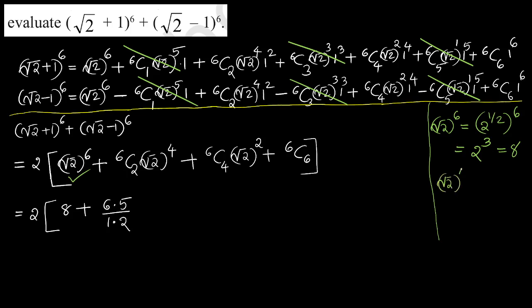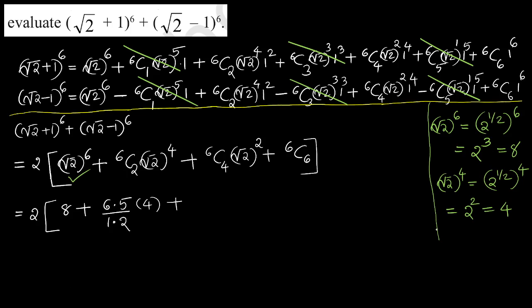Root 2 raised to 4 is, root 2 is 2 raised to half. The power is multiplied, 2 square, 4.